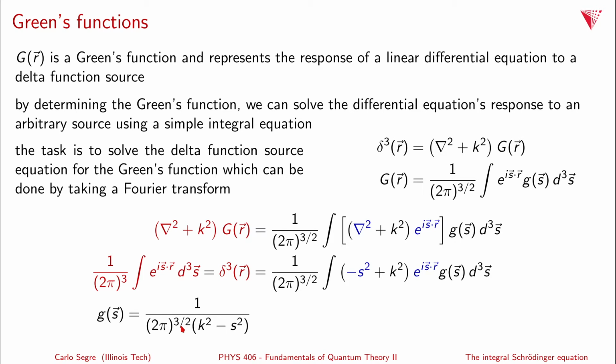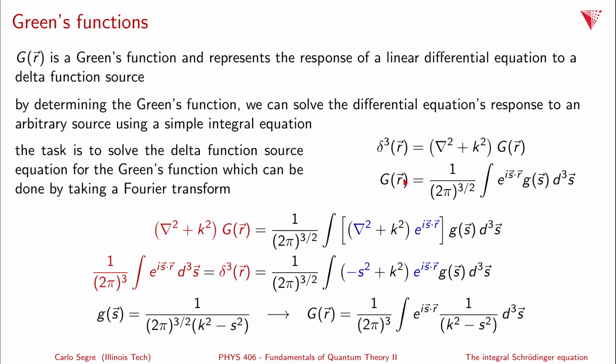Then here we have e to the I s dot r, and here we have e to the I s dot r, but it's multiplied times k squared minus s squared and g of s. So that means that g of s, over here you have 1, over here you have all these other quantities, is equal to 1 over 2 pi to the 3 halves times k squared minus s squared.